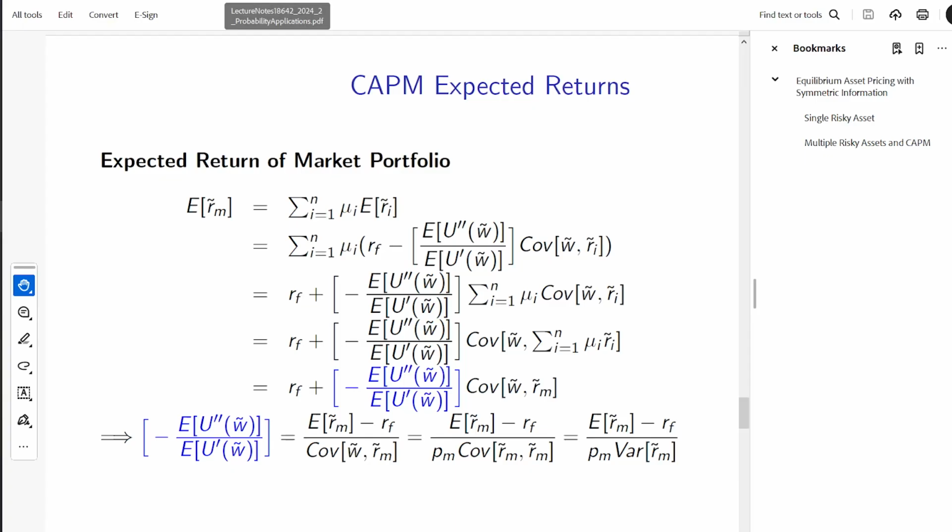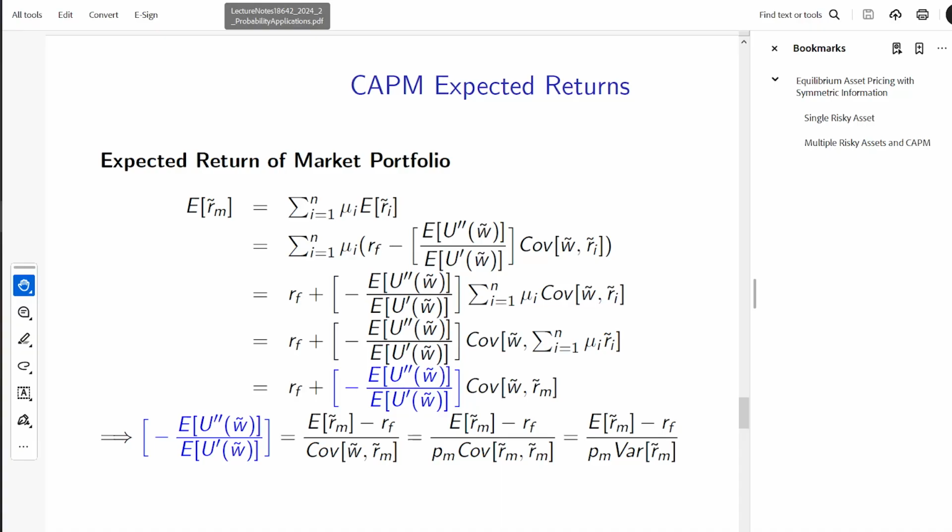Now, if we expand this expected market return expression, we can successively derive that it equals the risk-free rate plus this blue factor times the covariance of the initial W vector with Rm. And this blue expression can be solved for as the excess return of the market portfolio divided by the covariance term here.